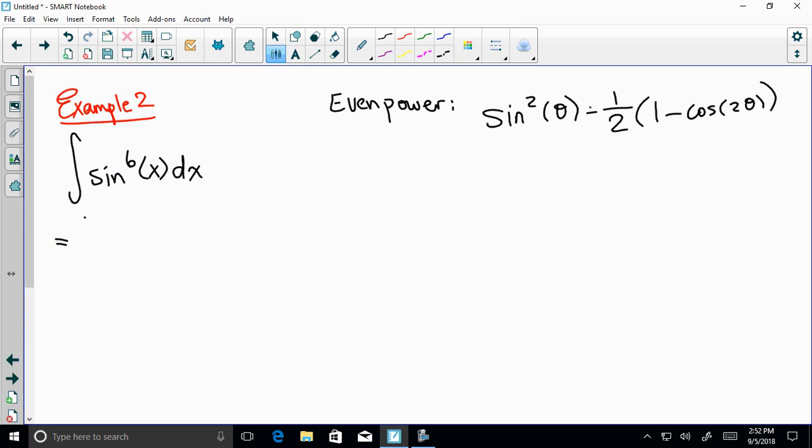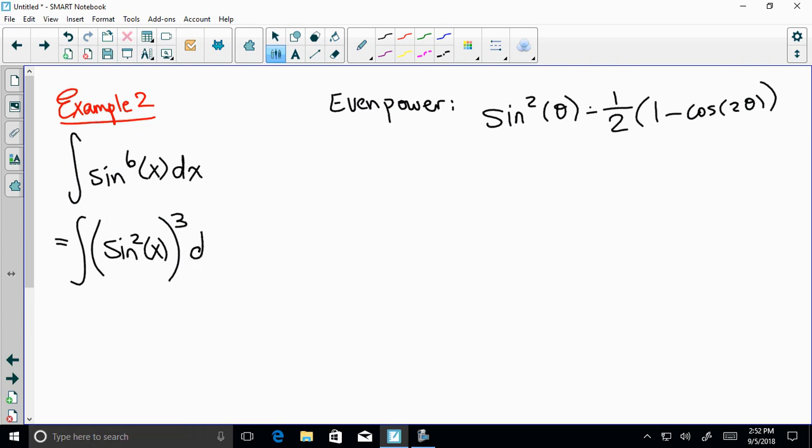So this is the integral of 1/2. Well, let me do one more step before I write that. Let me write this as, because some of you had problems with this, sine squared x to what power? 3.